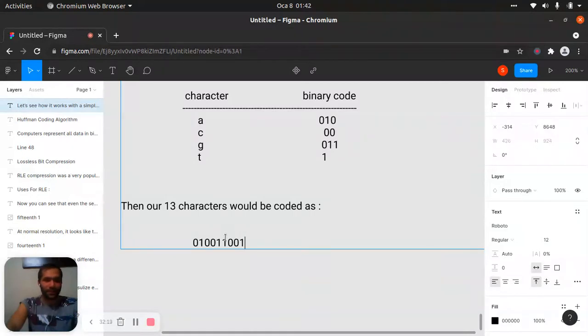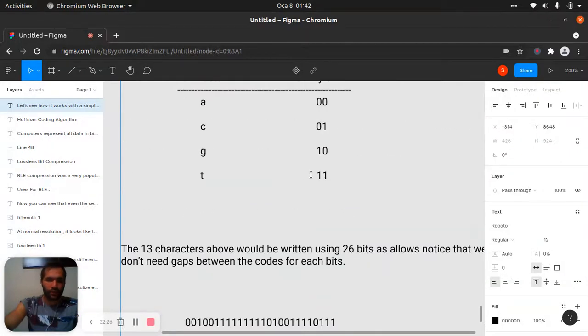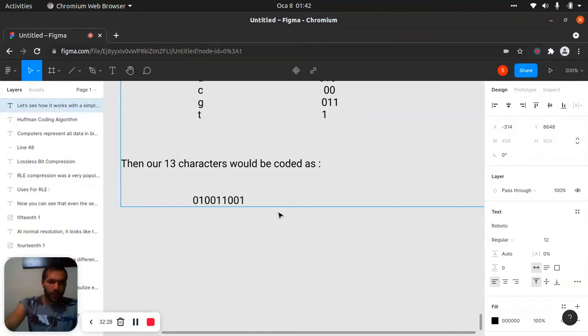Look, before we put 11 for thymine, but for now we are representing it with just the 1. We don't write 11 there. 1 thymine, again 1 thymine, and again 1 thymine.